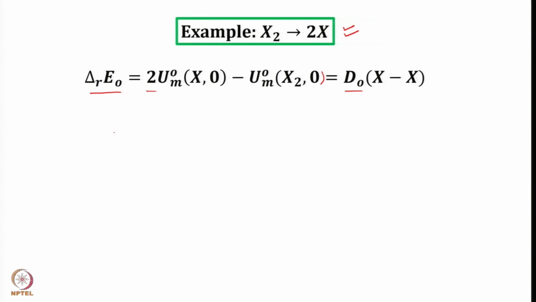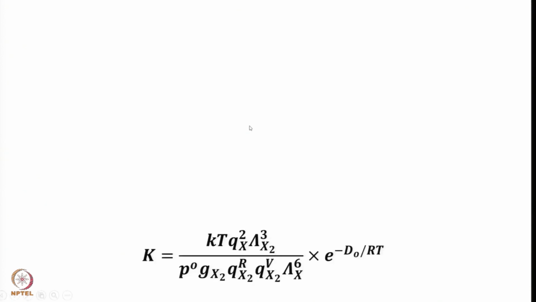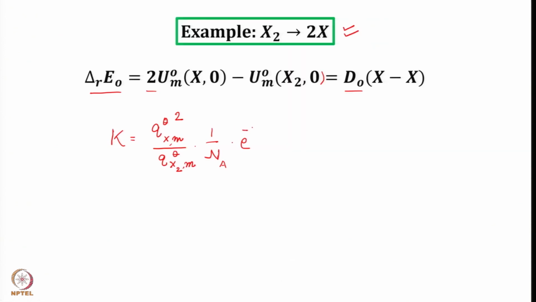All right. So, going back to my expression, it was Qx m naught square divided by Qx2 m naught into 1 over Na into exponential minus D0 by RT.